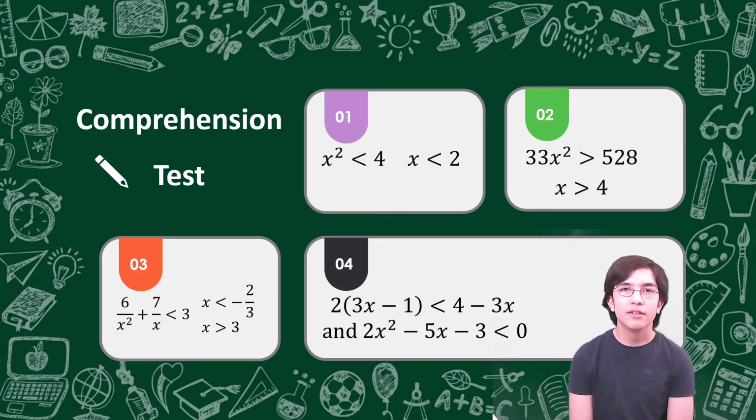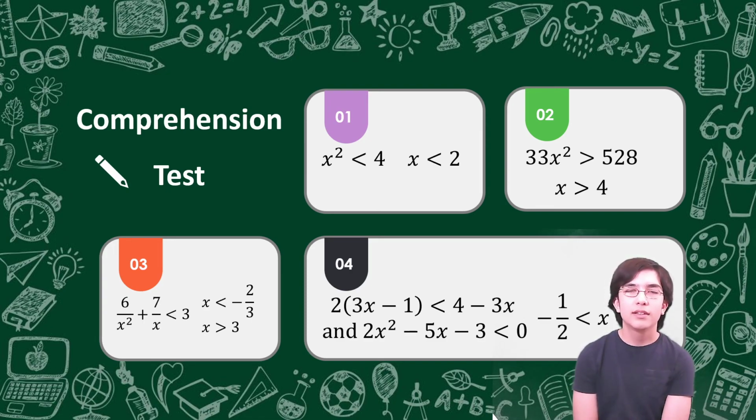What are the values of x which add up to this? What are the inequalities which will create this situation? It is minus 1/2 is less than x, which is less than 2/3.